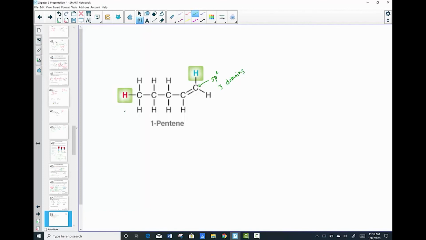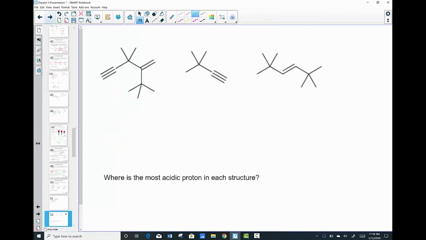sp2 hybridized. This carbon is attached to 4 other atoms. It's sp3 hybridized. It has 4 domains. It's attached to 4 other atoms. The one that exhibits the higher quality of s will have the proton that's more acidic. Double bond. A double bond hydrogen is more acidic than a single bond proton. These are that. I mean, that's really going to be this structure. When we say orbital, the highest comes from the triple bond.